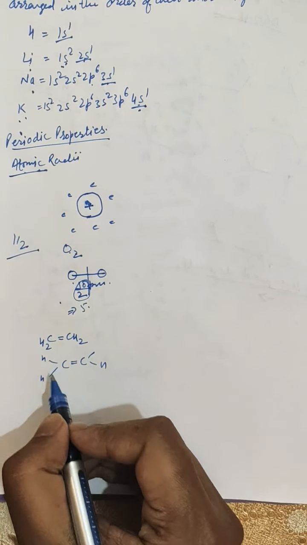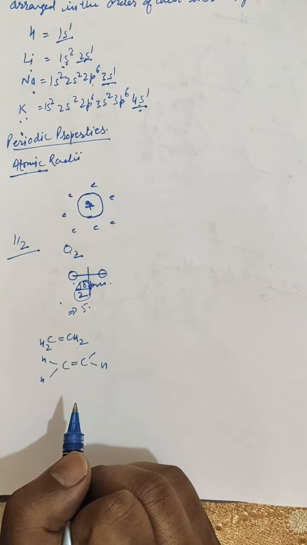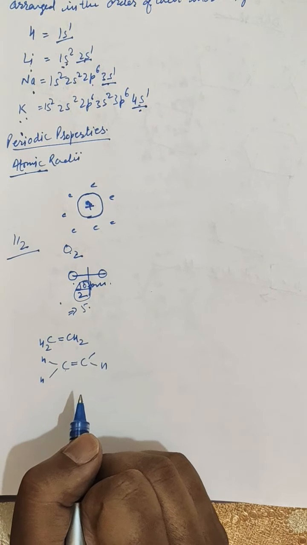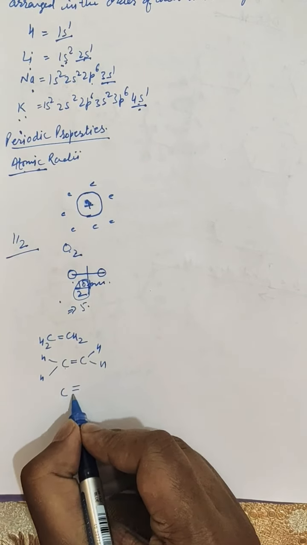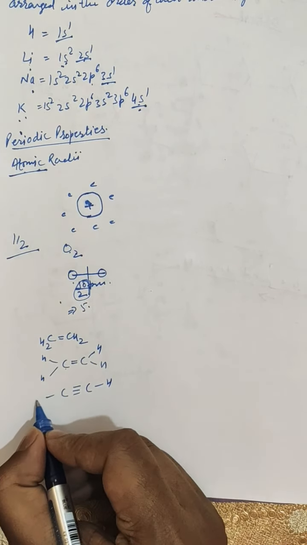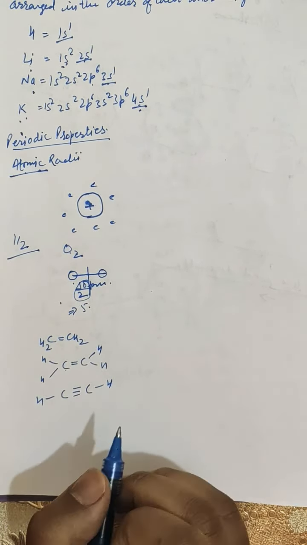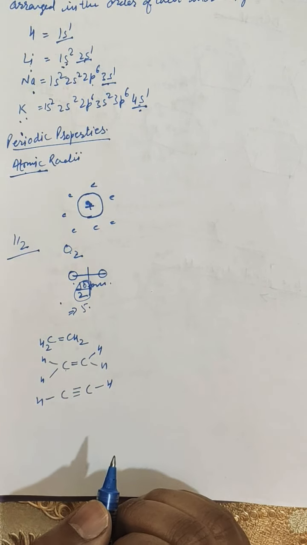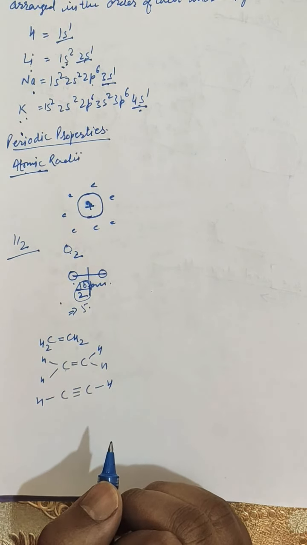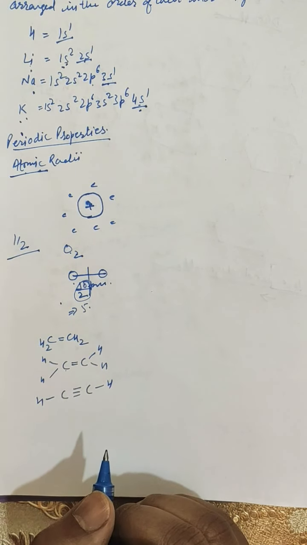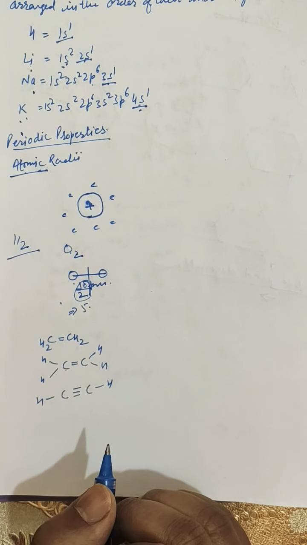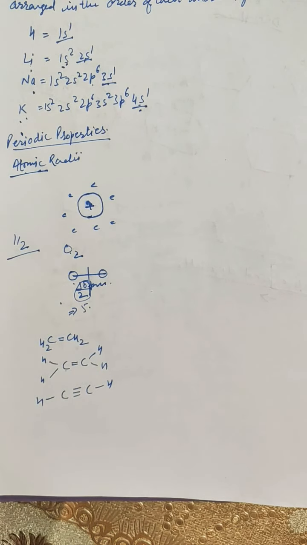And in the case of acetylene, a carbon-carbon triple bond is present between the two carbons. Similarly, nitrogen has single, double and triple bond radii. As the number of bonds increases, the attraction between the atoms also increases, so the atoms approach closer and the atomic radius decreases.